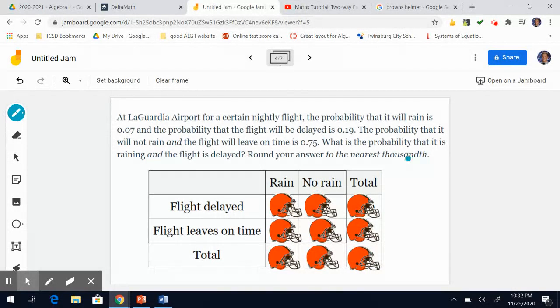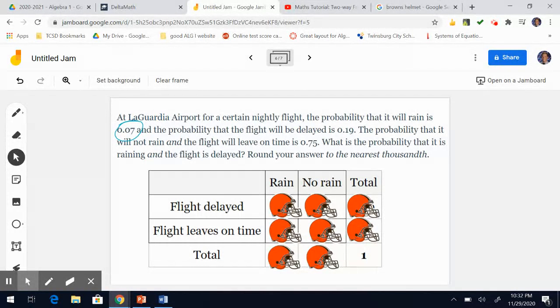So now what's the information up here that they gave us? They said the probability that it will rain is 0.07. But before we do that, we know our total down here is going to be what? 1, because it's 100%, right? It's either going to take off or not. Everything's going to add up to 1 or 100%, okay?